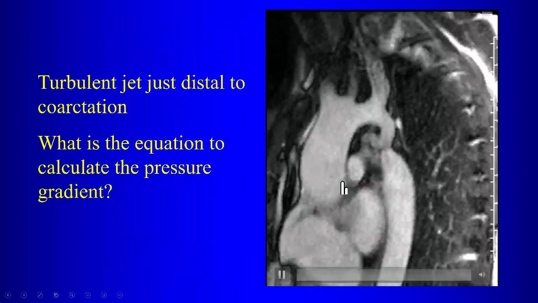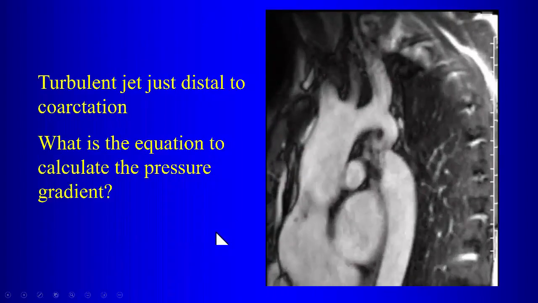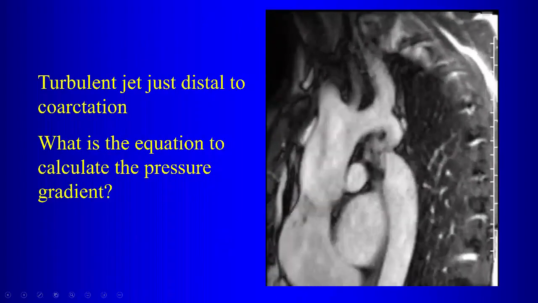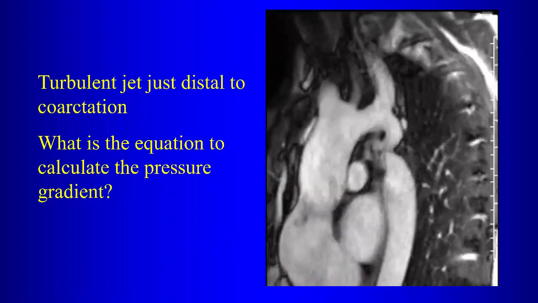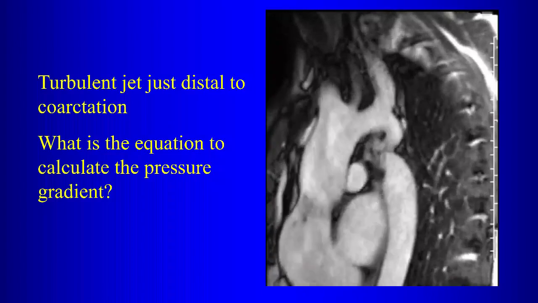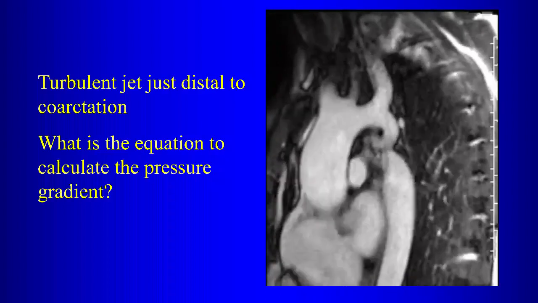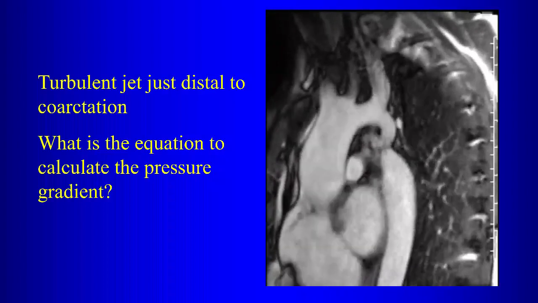Now here, in this example, we have a nice turbulent jet. Now what else can we do to also examine this? What's something else we can do? If we have a jet, what can we do? We can calculate the pressure gradient across the obstruction, right? How do we do that?